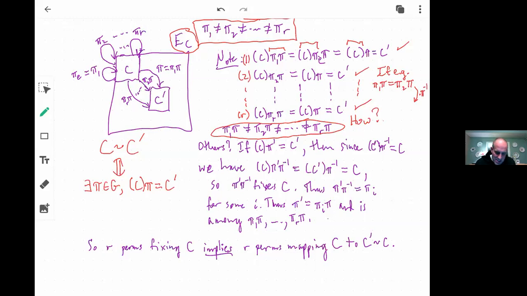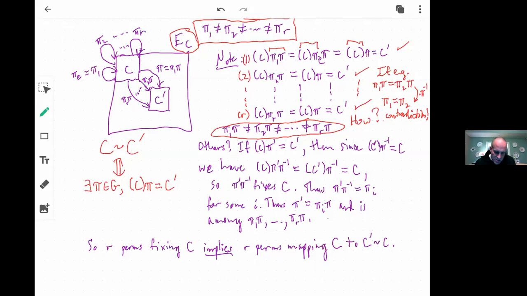Pi inverse would be the identity, and you would get that pi 1 was equal to pi 2. Contradiction, because pi 1 isn't the same as pi 2.